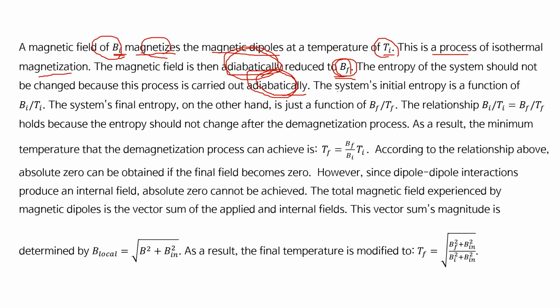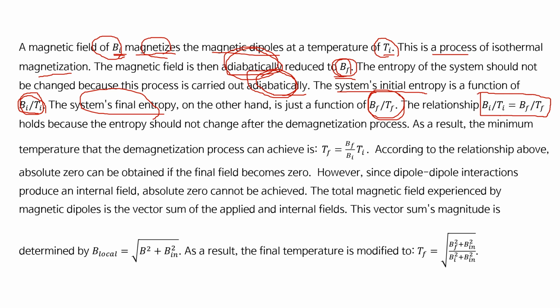The system's initial entropy is a function of Bi over Ti. The system's final entropy, on the other hand, is just a function of Bf over Tf. So entropy should be unchanged during this process. So we have this relationship.